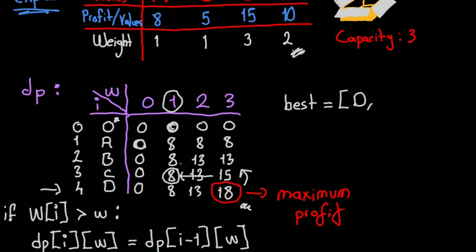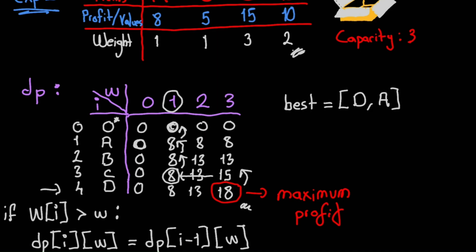Okay, now let's see. Are we going to take C? No, right? Because the row is not changing. Are we taking the B? No, it is not changing. What about A? It is changing. So we are taking the item of A.